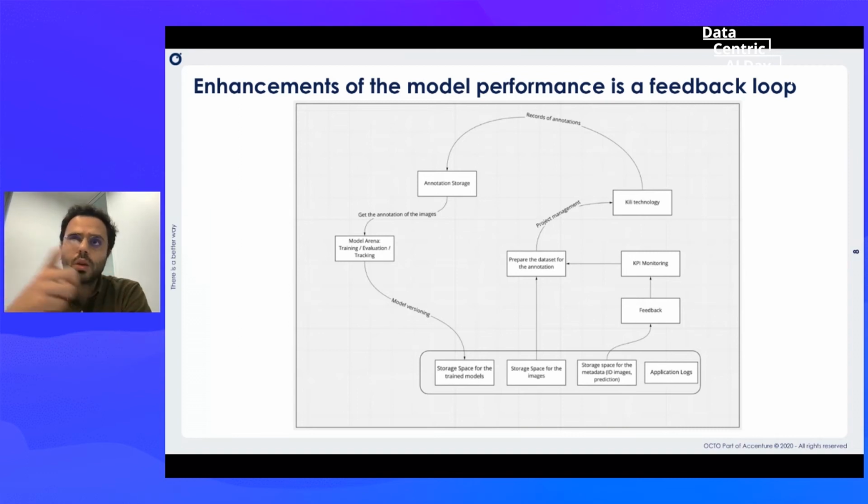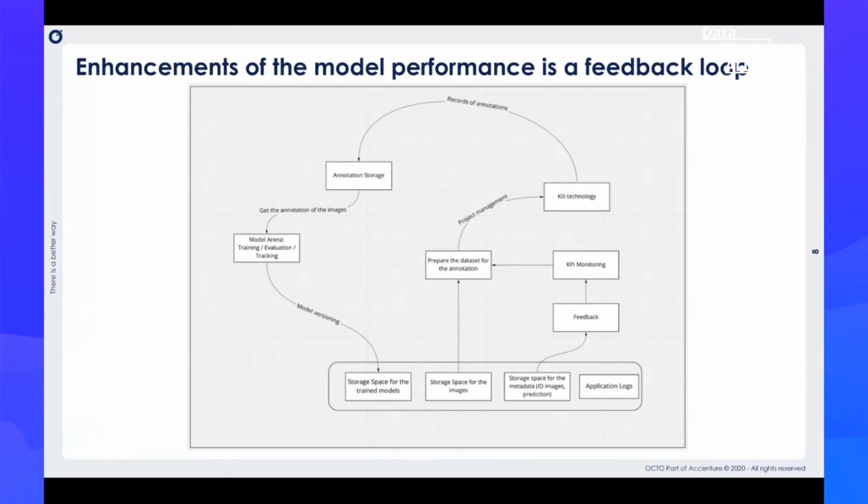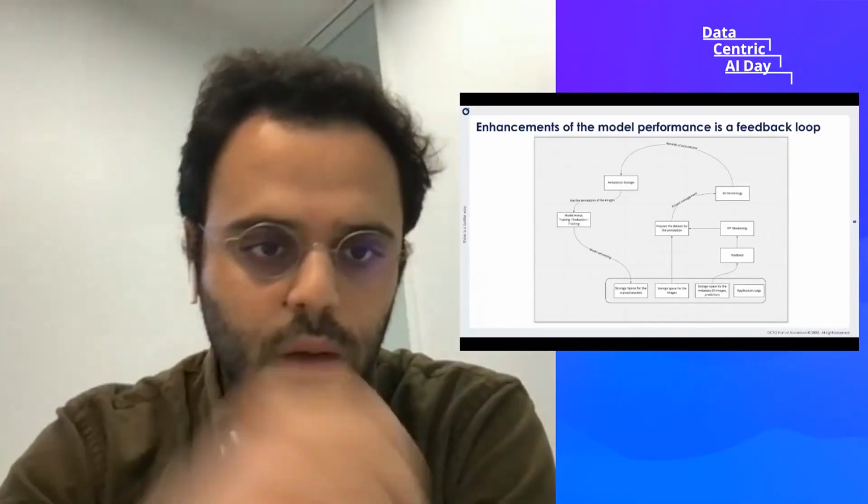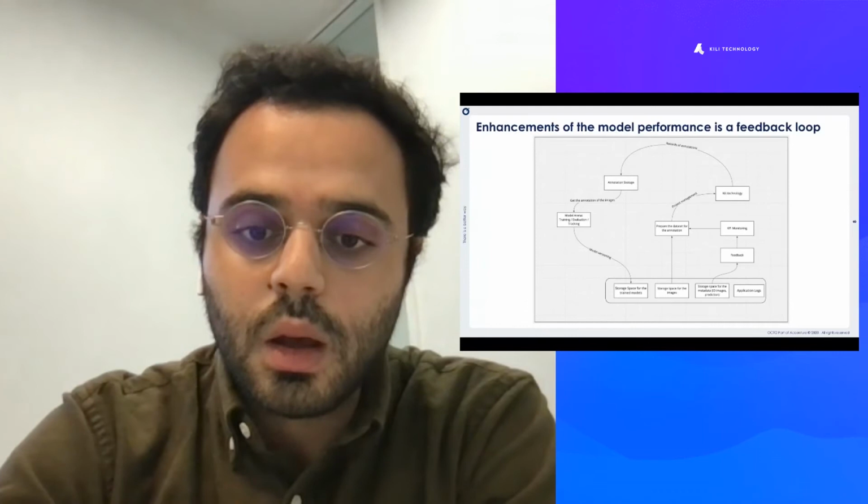On Kili, you can sample your data set into different samples, and you can train your model and compare the performance. So we can train the models on different subsets, and we compare, and the model that has the best performance, we take this model and we deploy it.